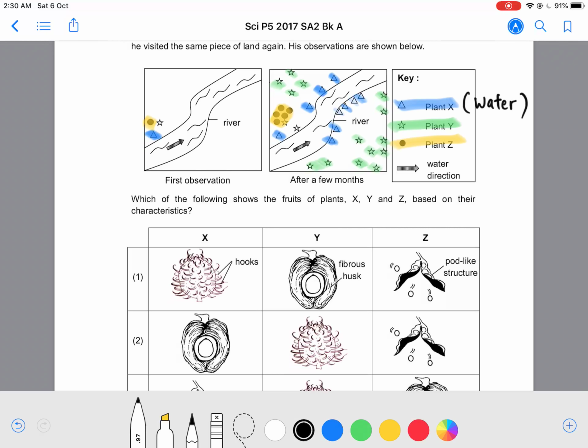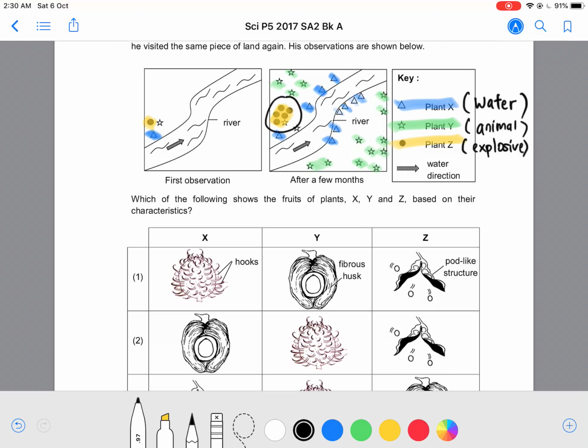Plant Y is scattered all around. So if it is scattered all around, regardless of the wind direction, then we can be sure it is an animal. Plant Z is all in the same cluster. So we can actually say that it is explosive because it explodes. Most of it are scattered around the same place, exploding to the same place.